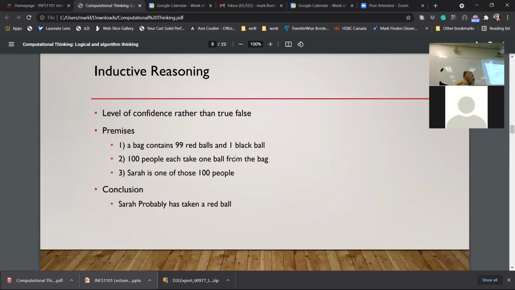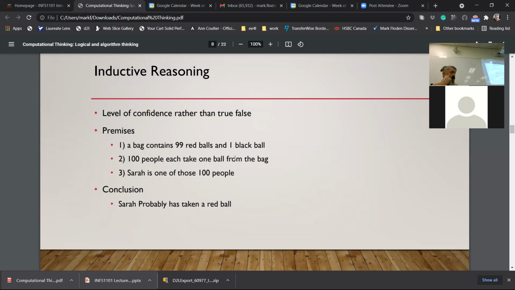Now, inductive reasoning is going to be a little bit different. In inductive reasoning, it's more real world. It's working with probabilities. It's working with uncertainty. You have 100 balls, 99 of them are red, 1 is black. All of those balls are taken by 100 people. Sarah is one of those 100 people. So could you say that Sarah has a red ball?